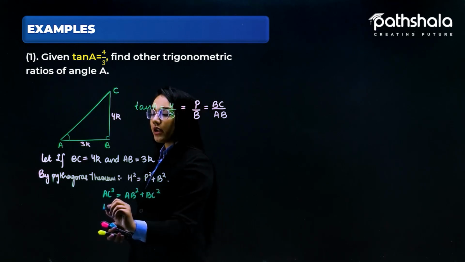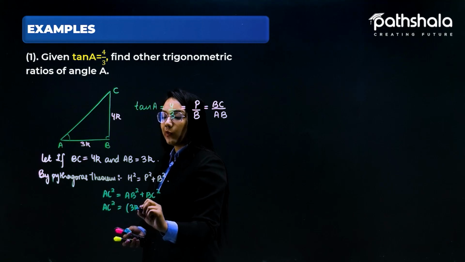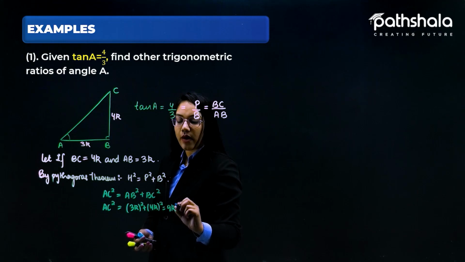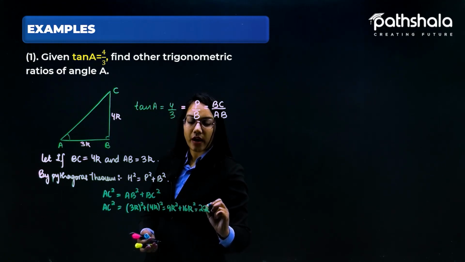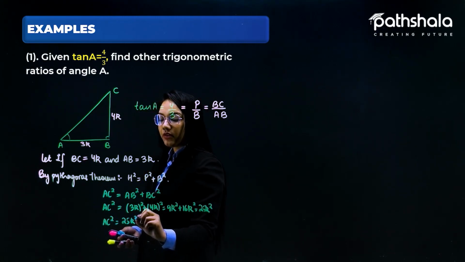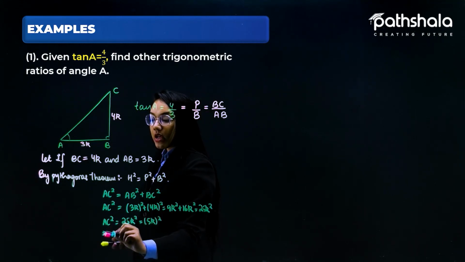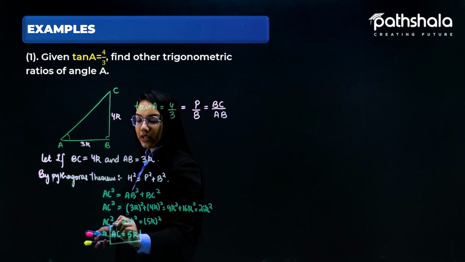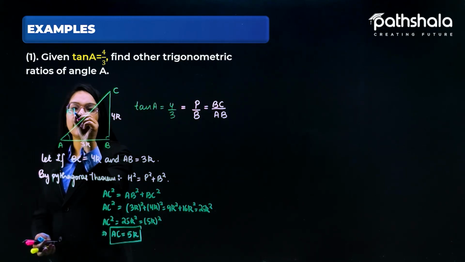Plugging in the values, AC square is 3K whole square plus 4K whole square, which is 9K square plus 16K square, that is 25K square. We can write it as 5K whole square, so comparing both values, AC, the hypotenuse, is 5K.